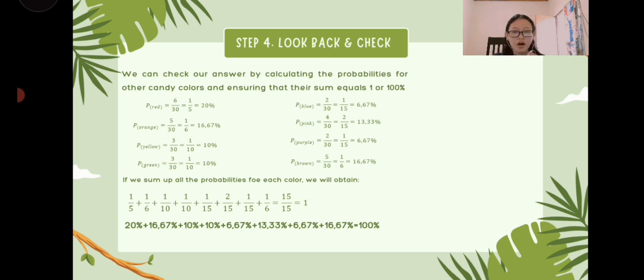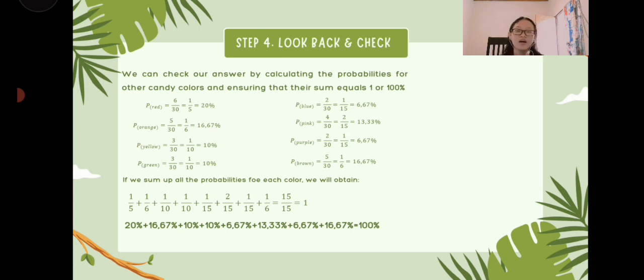The probability for a pink candy is 13.33%. The probability for a purple candy is 6.67%, and the probability for a brown candy is 16.67%. If we sum up all the probabilities for each color, we will get a value of 1 or 100%. This indicates that our answer is correct and consistent.